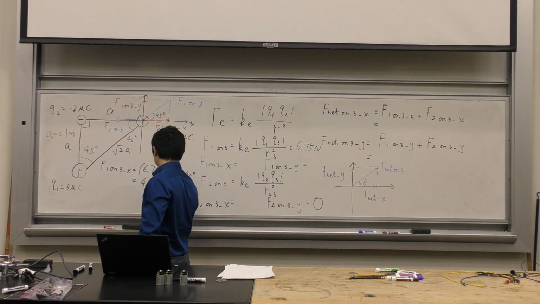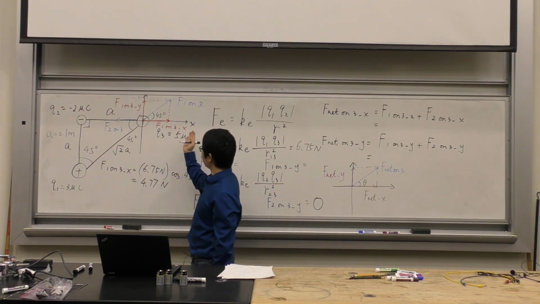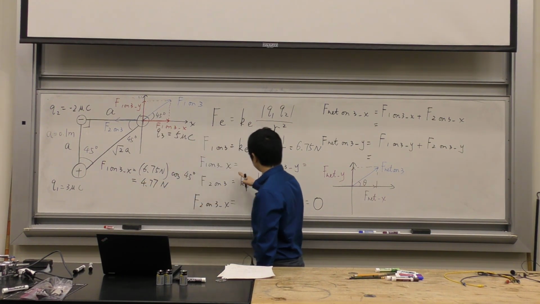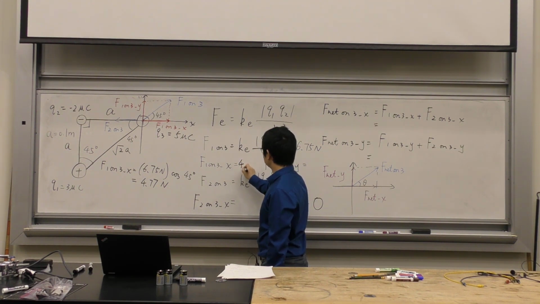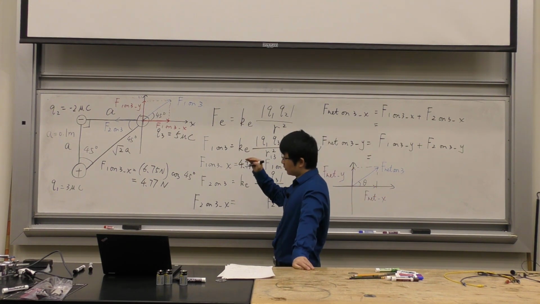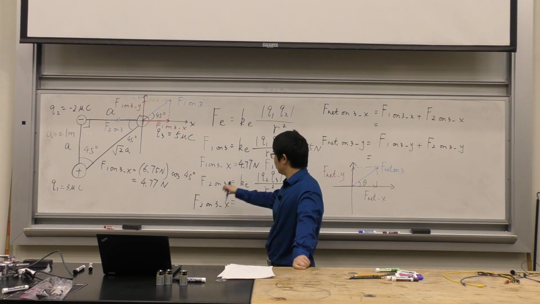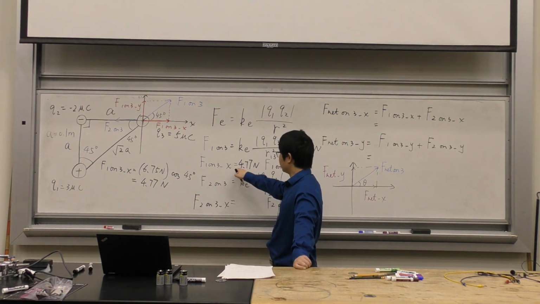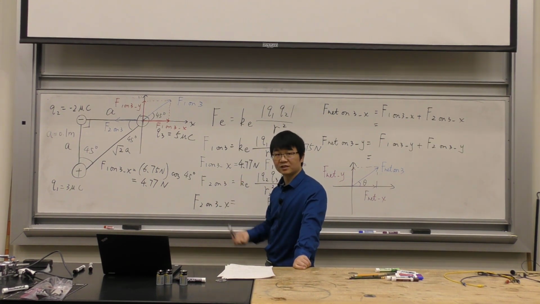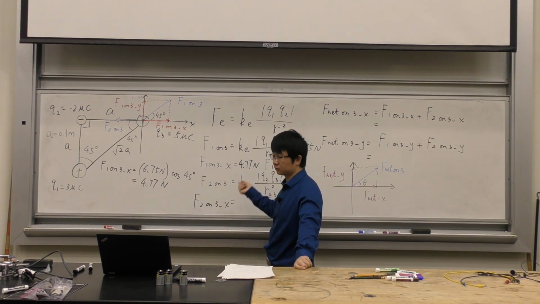So in this case, the number I got is 4.77 newtons. And then take a look at the direction of the x component: to the right. I take the right as positive, so this component is going to be positive 4.77 newtons. If I get a component in the other direction, the number is still going to be 4.77, but when I write it in component form, I need a negative sign. That's how we distinguish left and right, up and down in physics, because we can't plug words like to the left, to the right, up and down into equations.